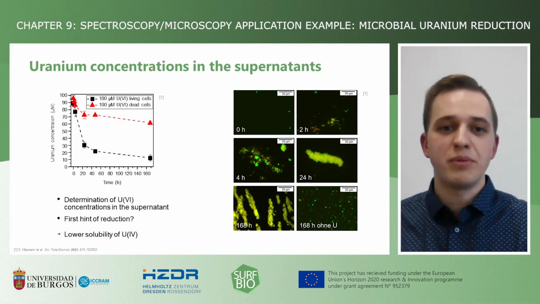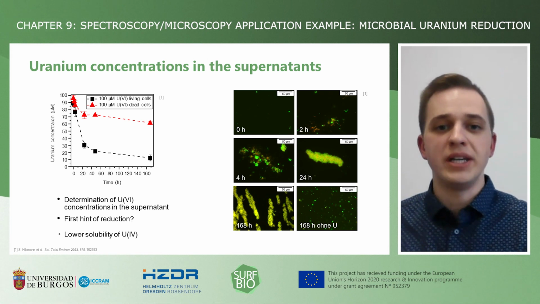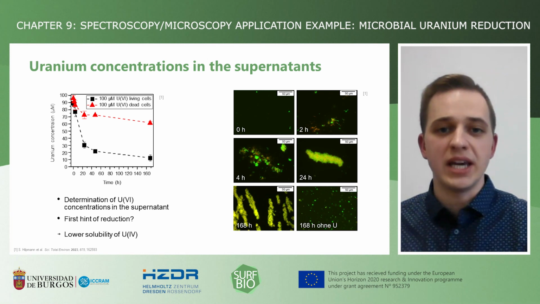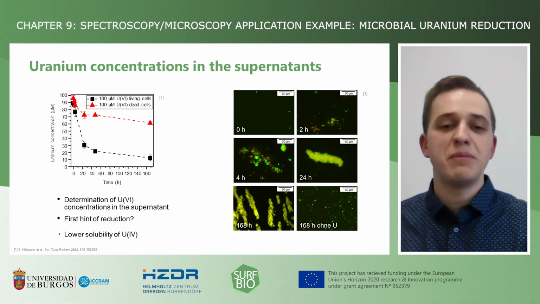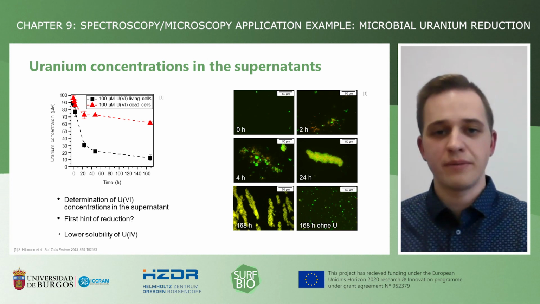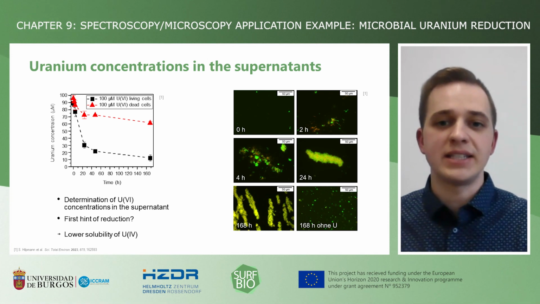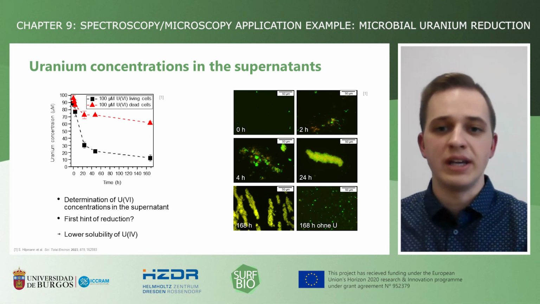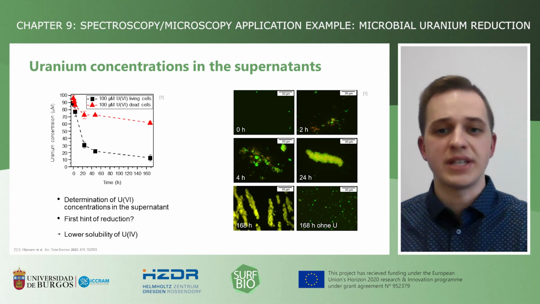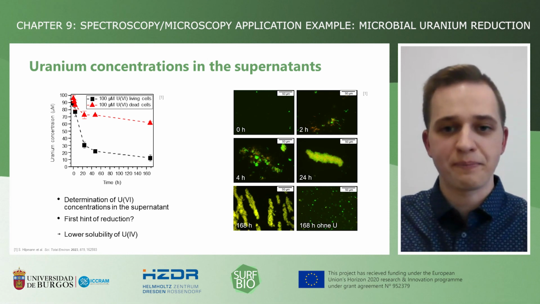In general, the proportions of removed uranium from the supernatant are higher than in simple bioassociation experiments, which can be checked by a dead cell reference. Furthermore, fluorescence microscopic images of live-dead stained cells can provide information on the cell viability, as well as on a possible aggregation of the cells during uranium incubation.